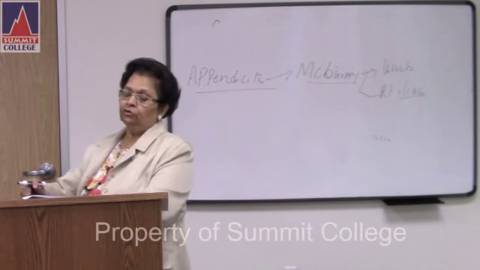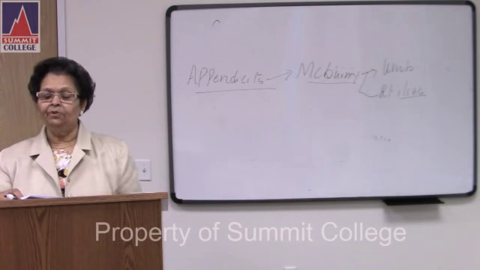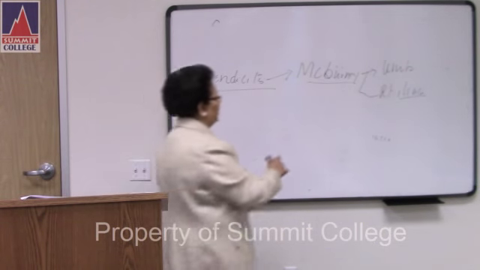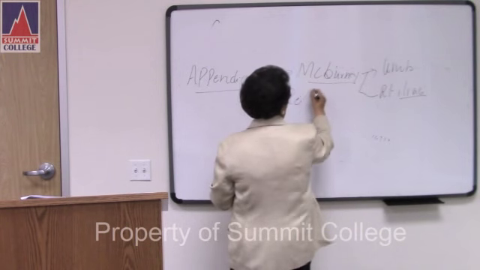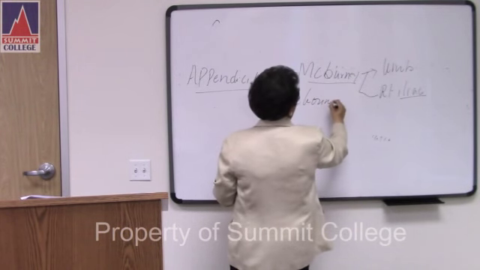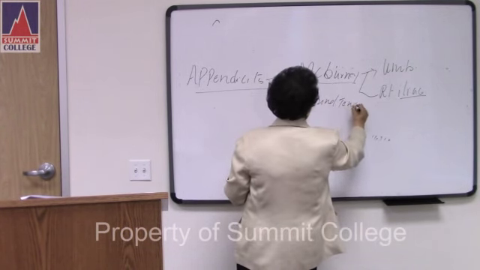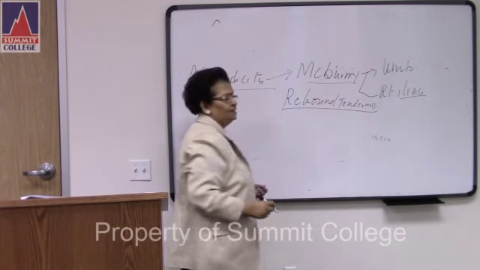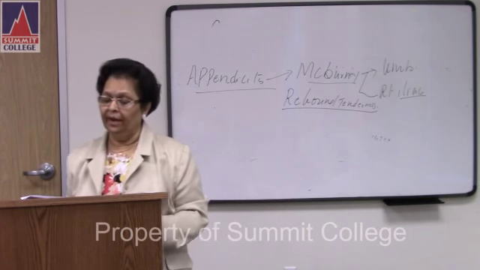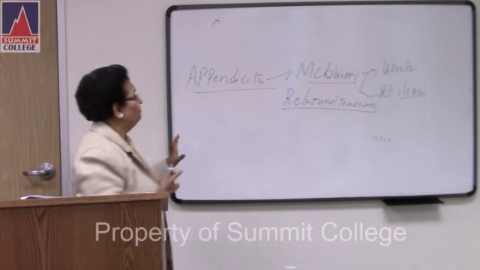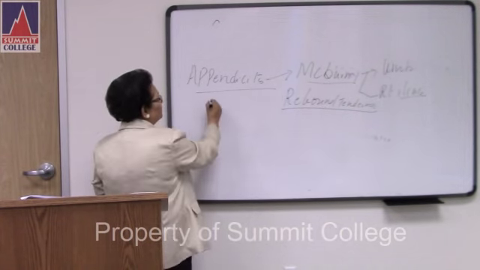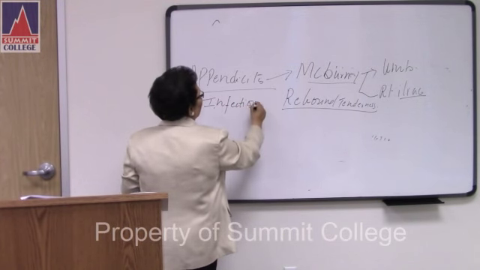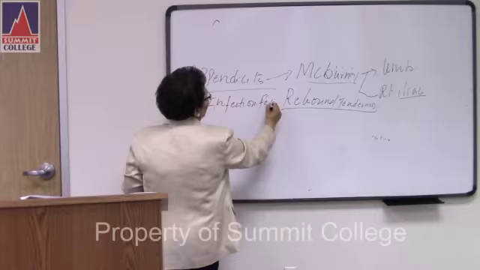Now write down abdominal rigidity and rebound tenderness. Those are very important signs. Rebound tenderness is in the lower area, and fever. Whenever a patient has appendicitis, they have infection, and what they have here is fever. What do you monitor?